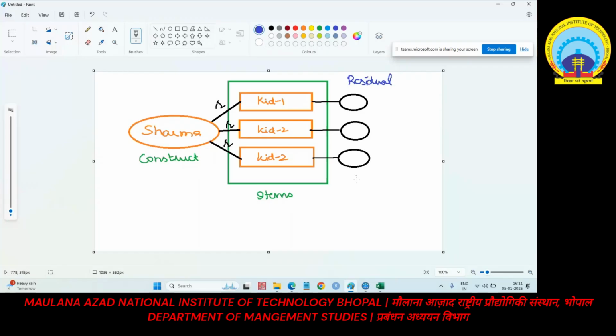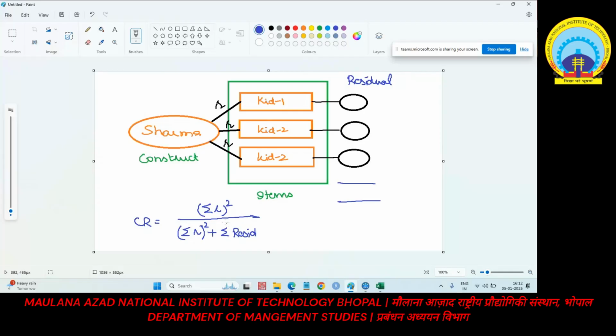When you take these residuals also into consideration, so what is this? R, R1, R2, R3. Take the summation R whole square divided by summation R whole square plus summation of the residuals. When you consider that, it becomes composite reliability. When these friends outside the family are also taken into consideration, that is composite reliability.